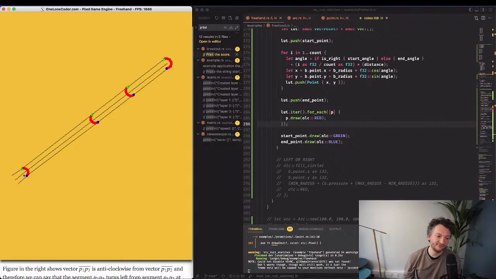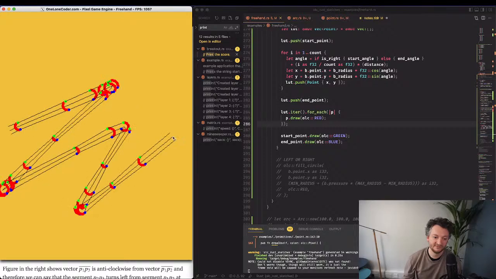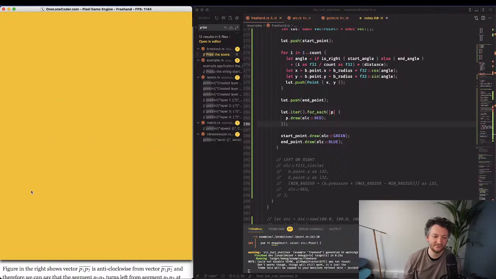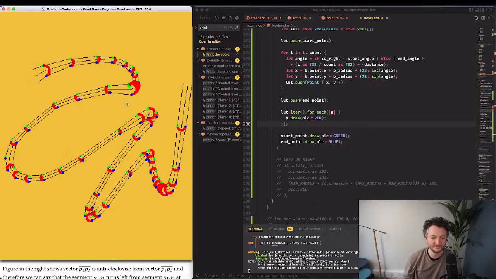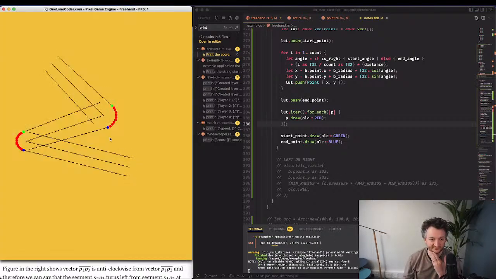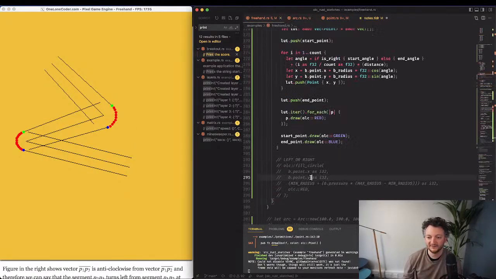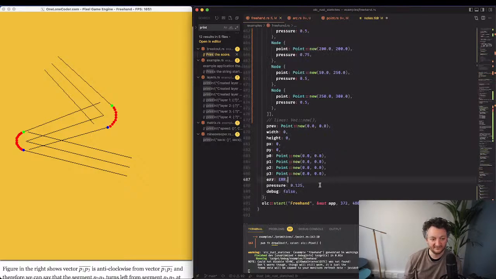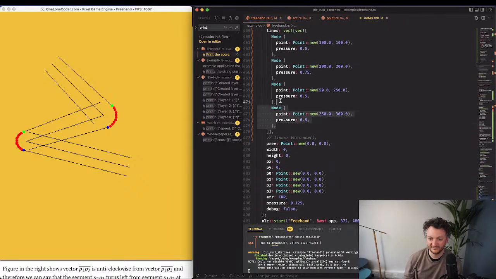Because right, if it's a straight line versus if it's a curve, I think we're still picking the wrong points for the start and end. On a sharp curve, it does seem like this is the correct thing to do. But what if it's just in a straight line? In that case, this seems like it's not right.